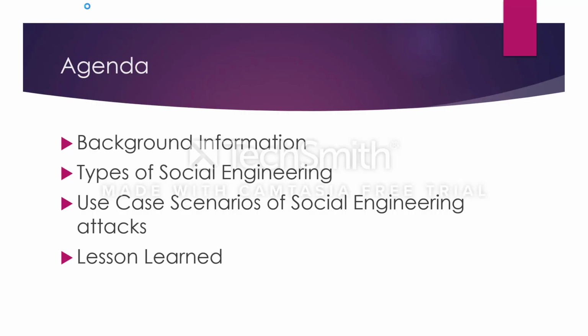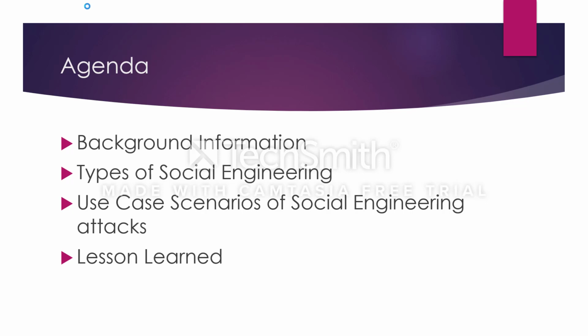Just to talk a little bit about the agenda, I would first go over some background information on what social engineering is and its history. Then I'll go on to discuss some of the types of social engineering, such as phishing, baiting, spearphishing, and other scenarios.